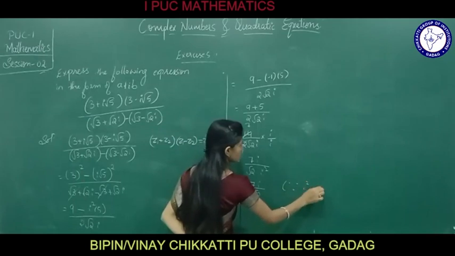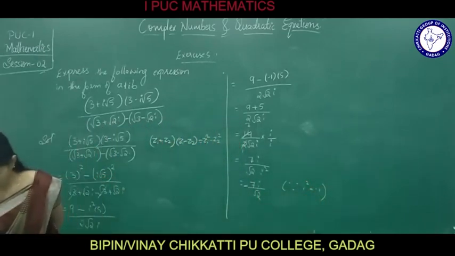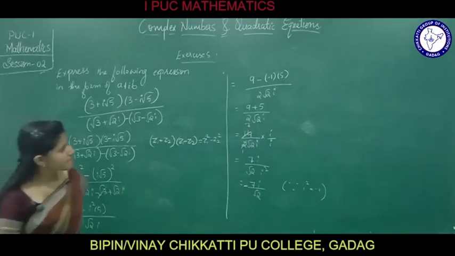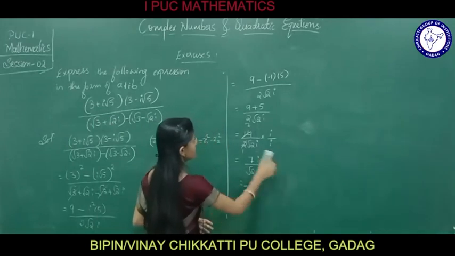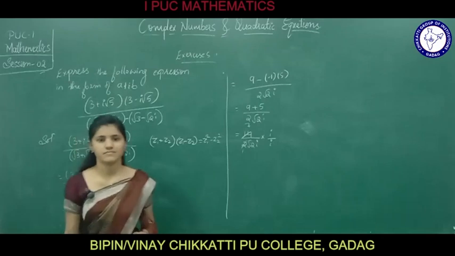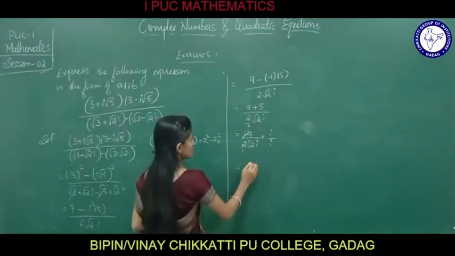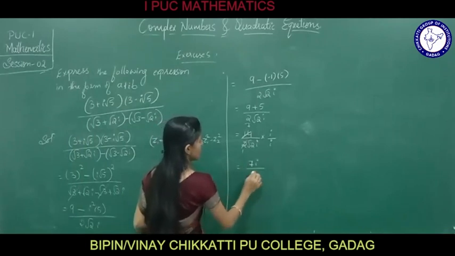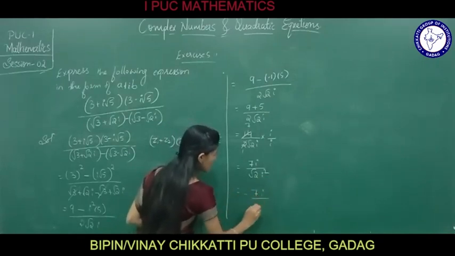I square is equal to minus 1, that is minus 7i by root 2.